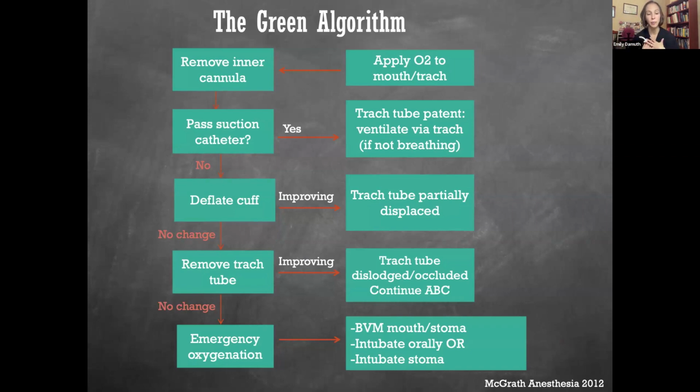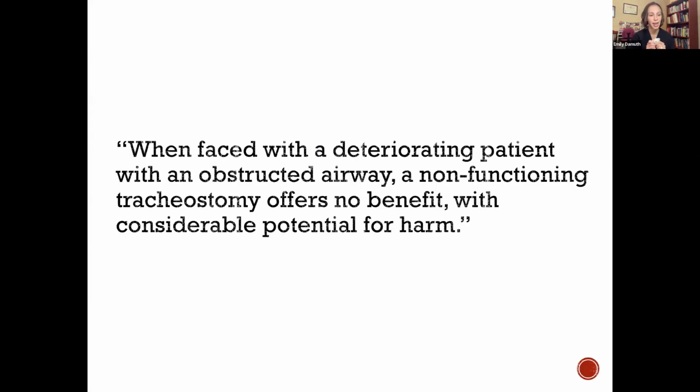And I can tell you that for me personally, and I think probably most people listening, this is the most uncomfortable step in the algorithm, right? We think that there's some magic around these surgical airways, that they're secure. But the counter to that McGrath raises, and I directly quote the authors, is that when you are faced with a deteriorating patient with an obstructed airway, a non-functioning or dislodged trach tube offers you no benefit and can considerably harm your patient.